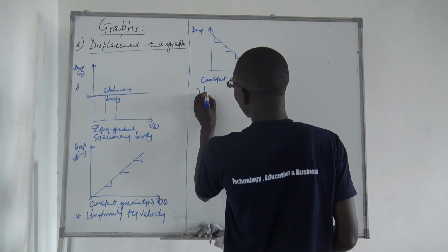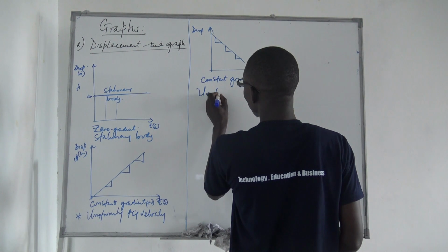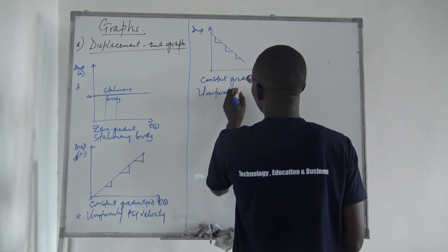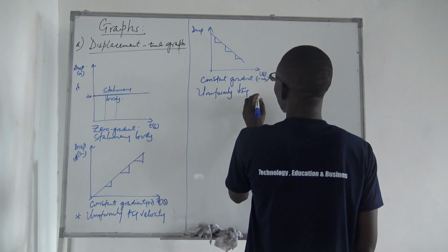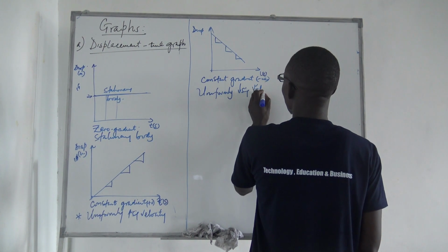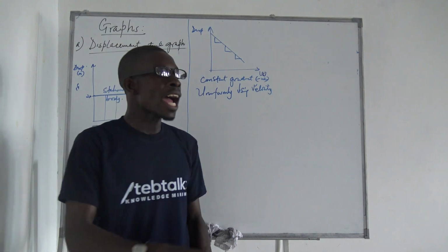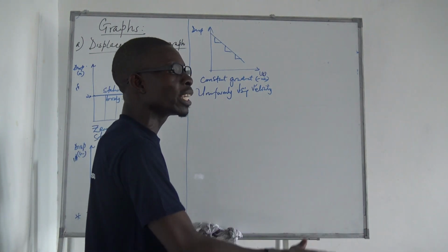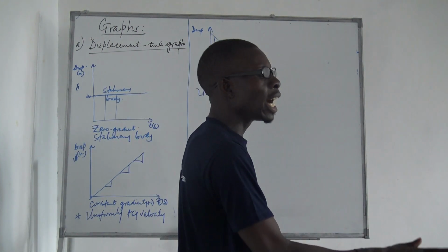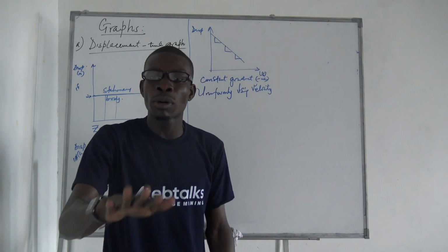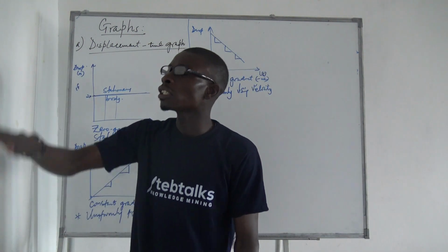This is uniformly decreasing velocity. That after every 2 seconds, the body is maybe reducing the speed by 3. Another 2 seconds, it reduces the speed by 3. Another 2 seconds, it is reducing by 3.